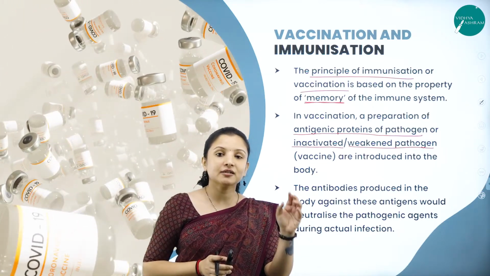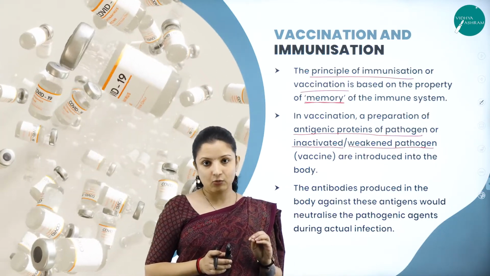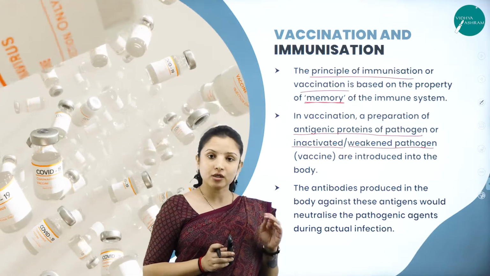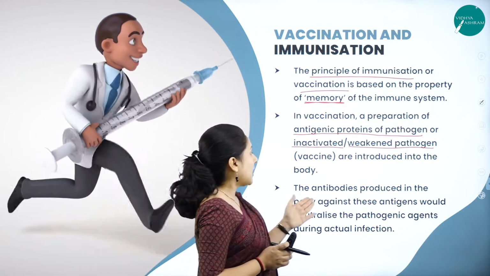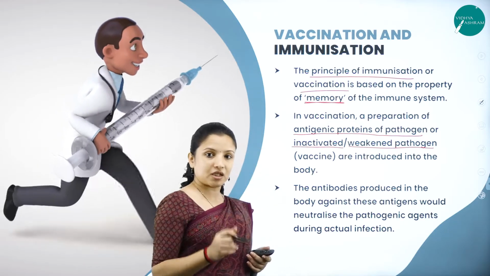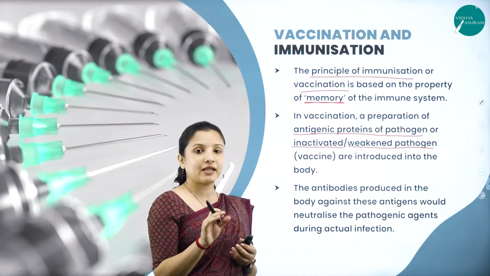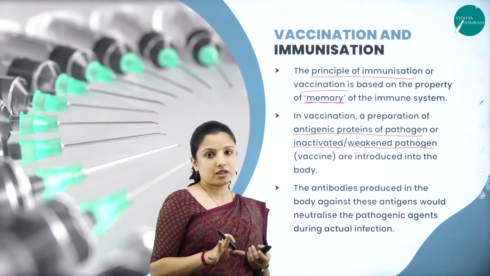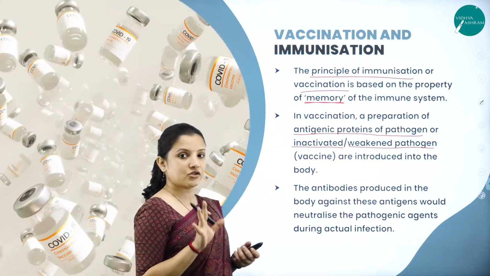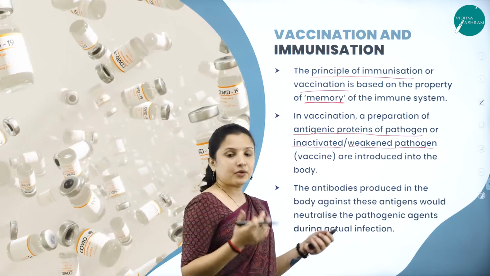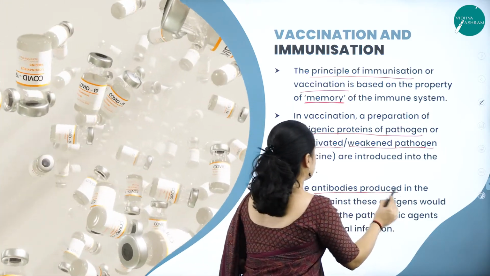Or they would have taken the protein from the particular virus and then injected it into the human body. So that is how vaccinations are developed and given. And for that particular vaccine, which contains either the protein of that particular pathogen or the pathogen in the inactive form as a whole, the particular antibodies will get produced.